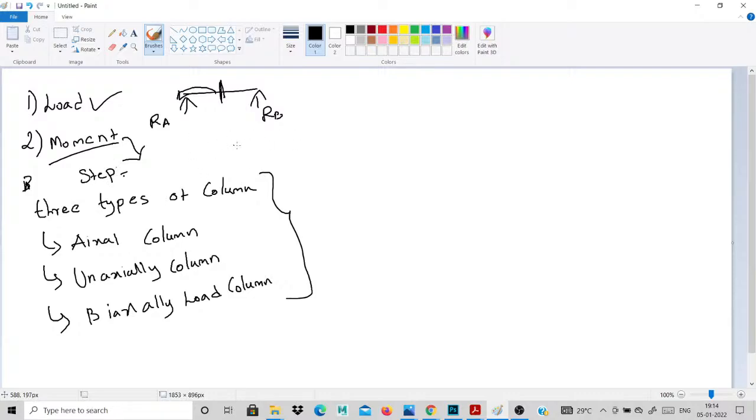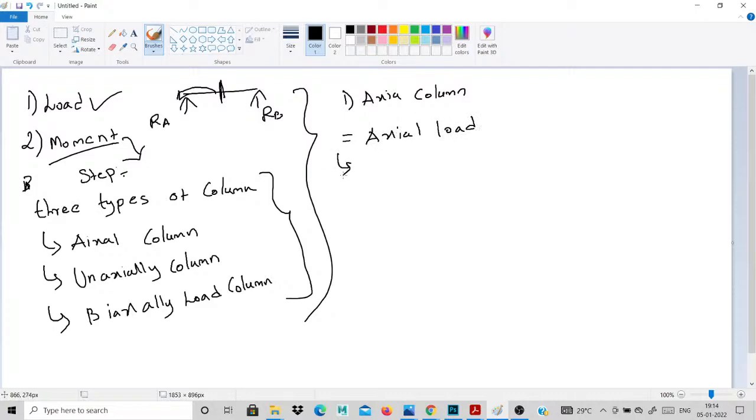First of all, I will tell about axial columns. The axial column is only taken for axial load, but a minimum moment will be taken.